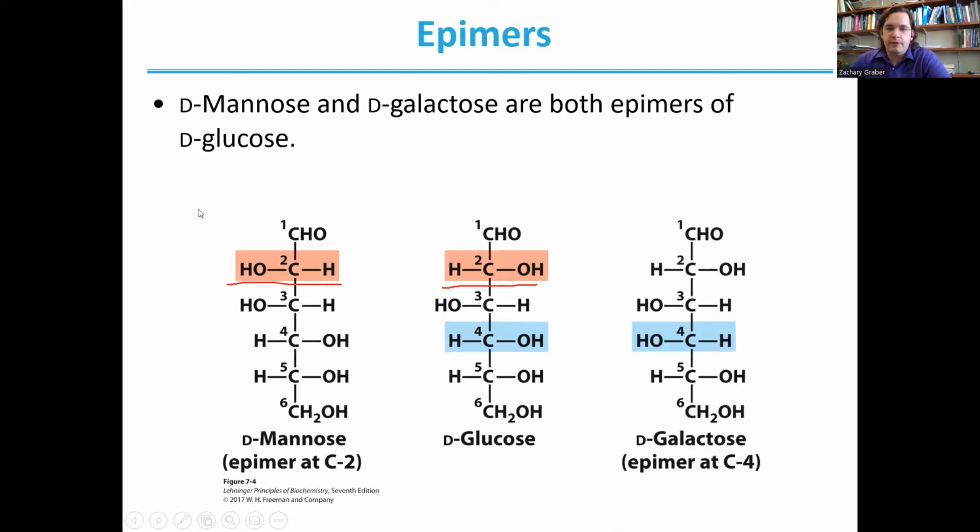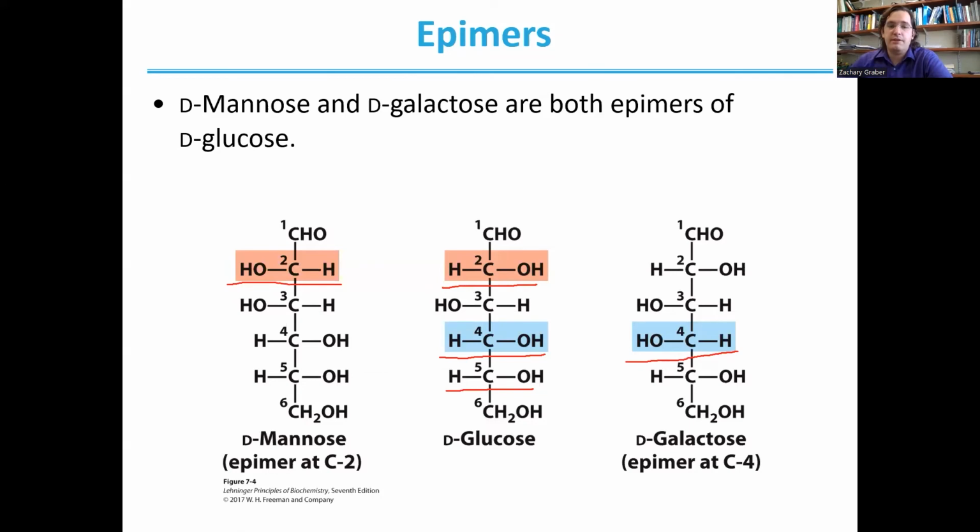And D-galactose switches at the fourth carbon, our third chiral center, switching again from the right to the left. You might remember, of course, the L-idose that I showed you previously is also an epimer of glucose. In that case, we switched the final chiral center, which then switched us from the D form to the L form for our sugar overall.